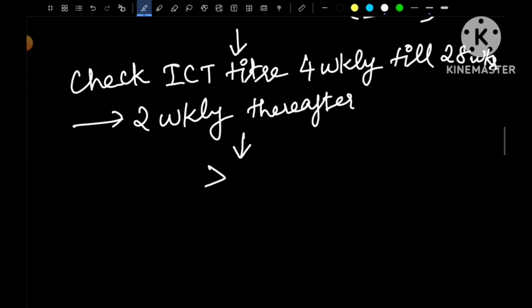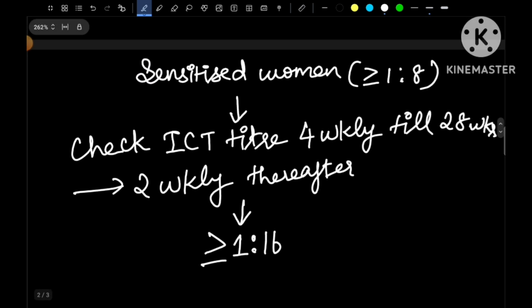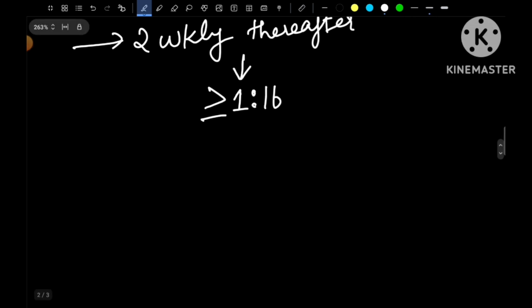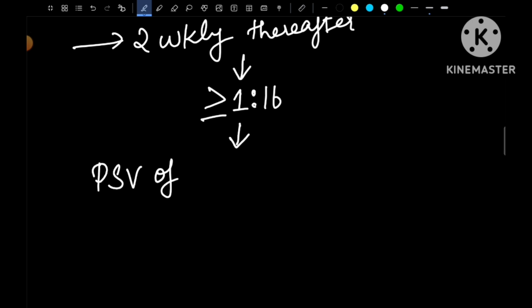What is the cutoff value? It is 1:16. Initially it was 1:8. Now we are repeating the ICT titer, and if it becomes equal to or more than 1:16, we have to do a new test. It is PSV of MCA Doppler.